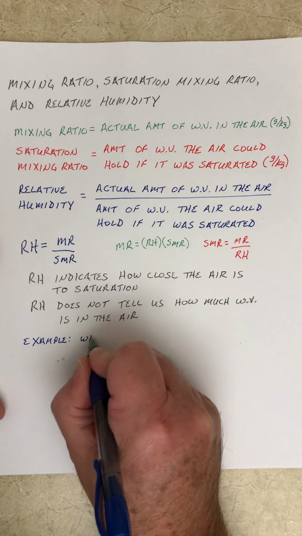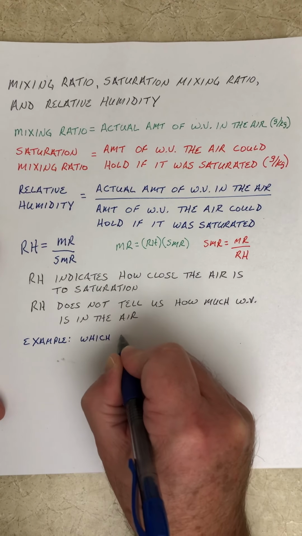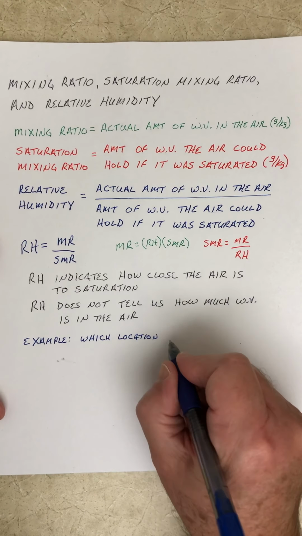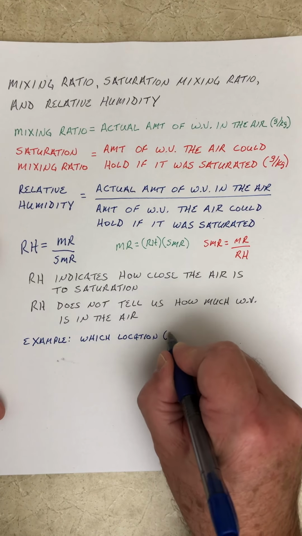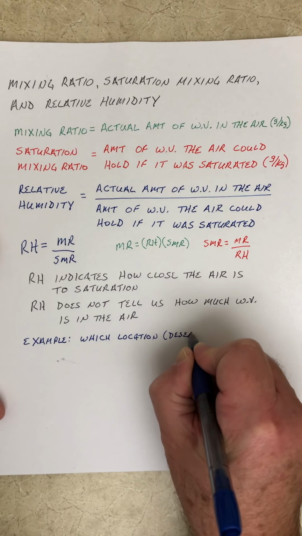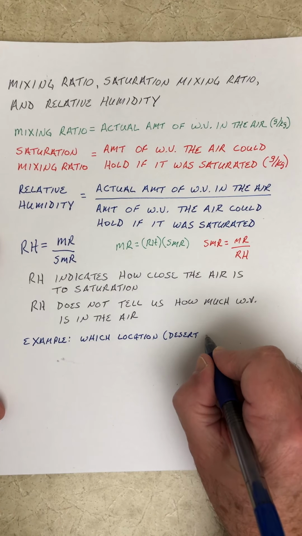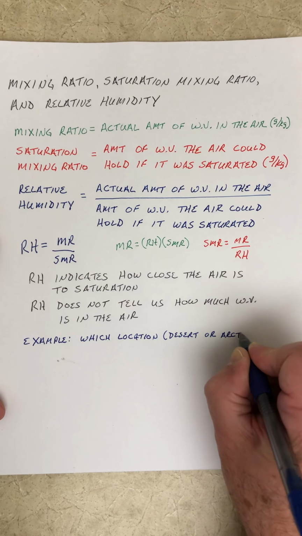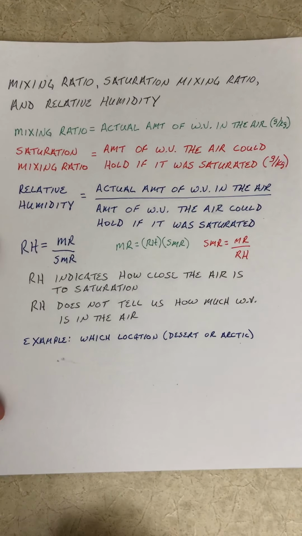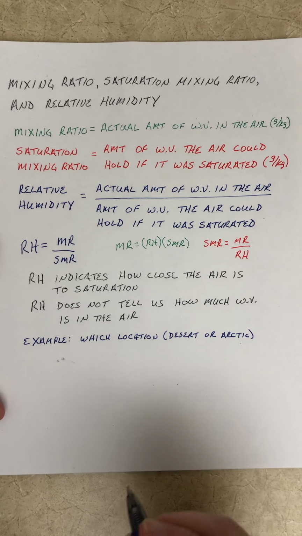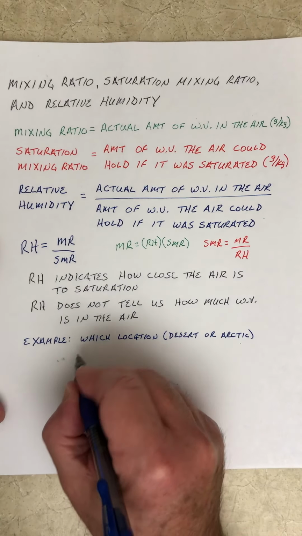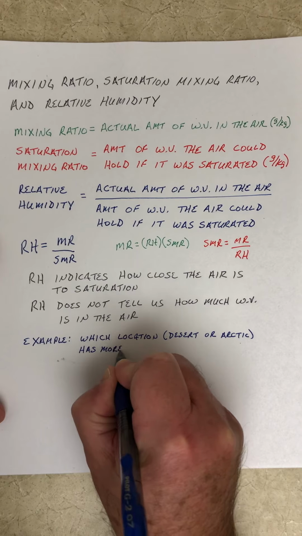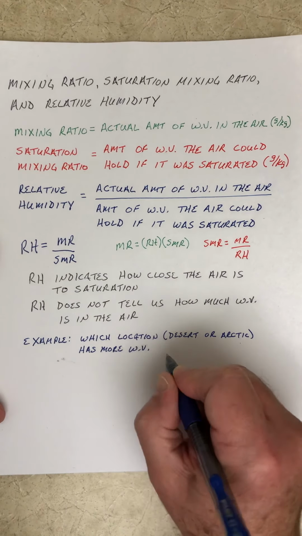Which location, and we're going to use the desert as one location, or the Arctic, which location, the desert or the Arctic, has more water vapor actually in the air?